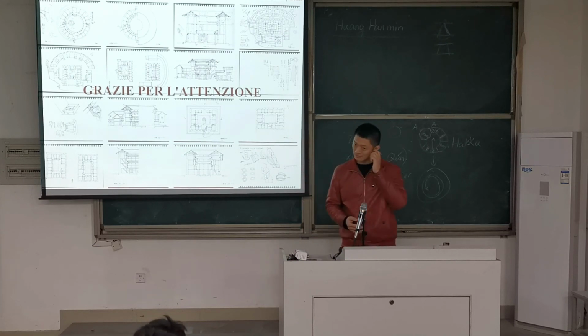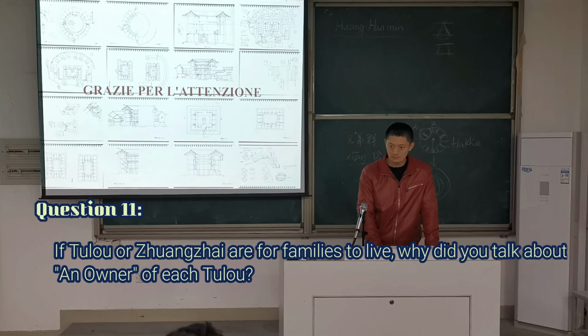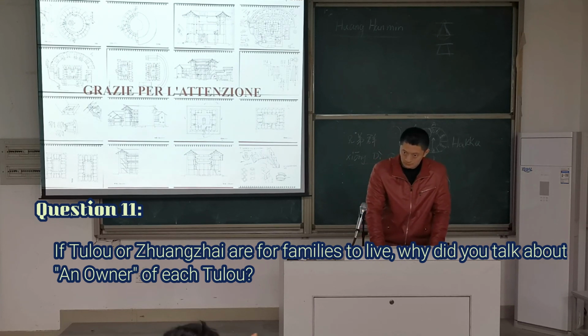I want to ask you something. It's from yesterday. You and the professors talked about the owner of Zhongjai, owner of tulou. But this I don't understand. If the tulou or Zhongjai is for families, why now do they have a single owner?